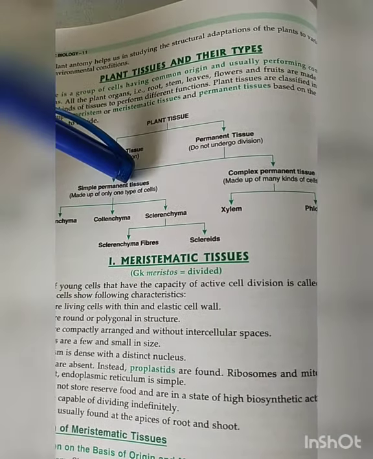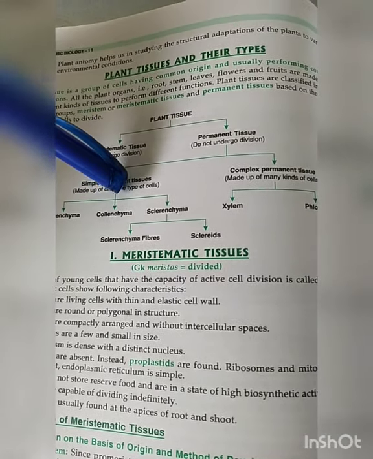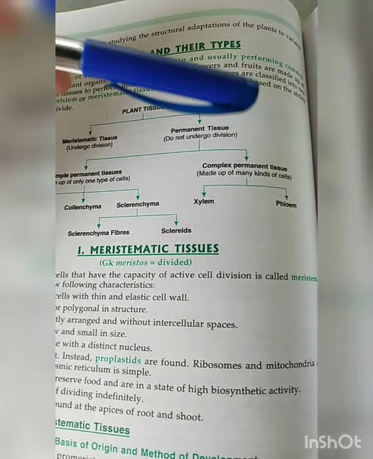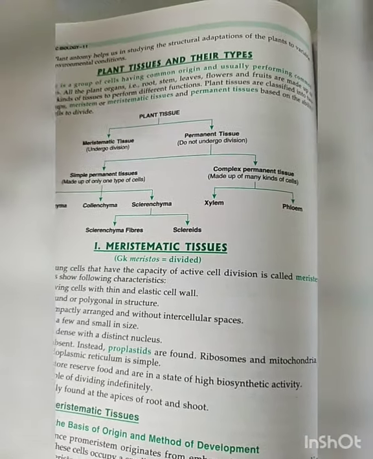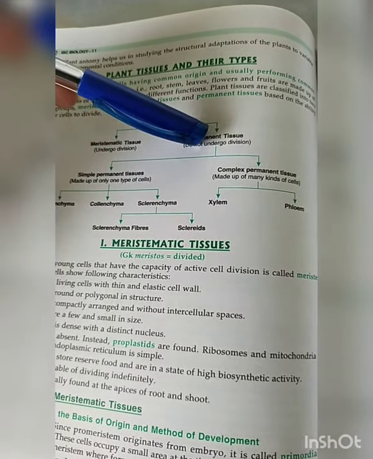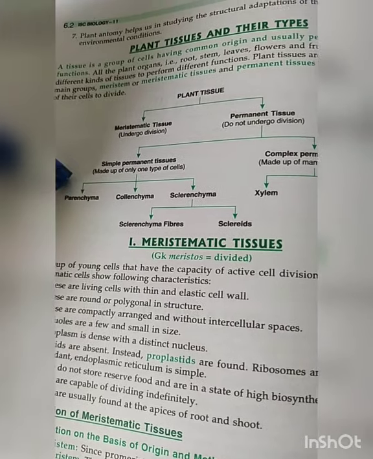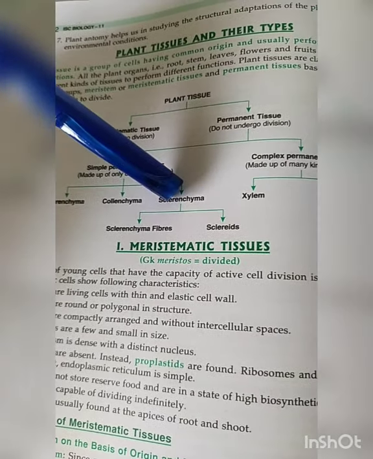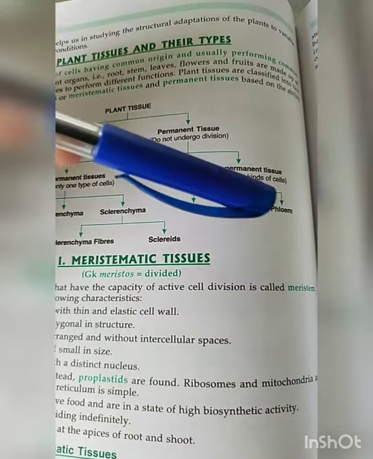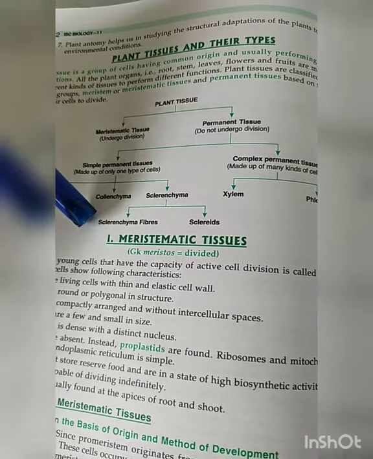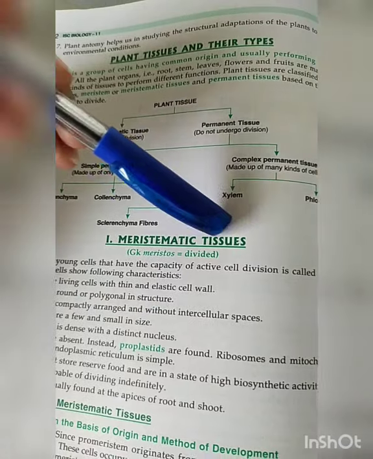Simple permanent tissue is made up of only one type of cell, while complex permanent tissue is made up of many kinds of cells. They are part of permanent tissue. In simple you can see parenchyma, collenchyma, sclerenchyma. In complex you see xylem and phloem. In sclerenchyma, fibers and sclereids are given.